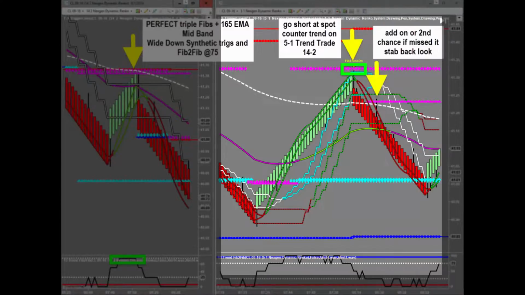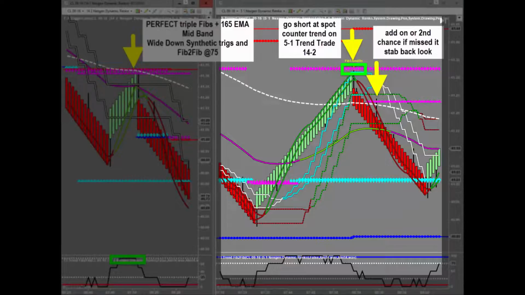Now when we look at our 5-1 chart, you'll see that we've also got Fibonacci resistance at exactly 41.33. So whenever we have an overlap of a perfect trend trade short on the large chart and Fibonacci resistance on the smaller time frame chart, this sets you up for the perfect counter trend trade, and I guess that's kind of semantics, right?